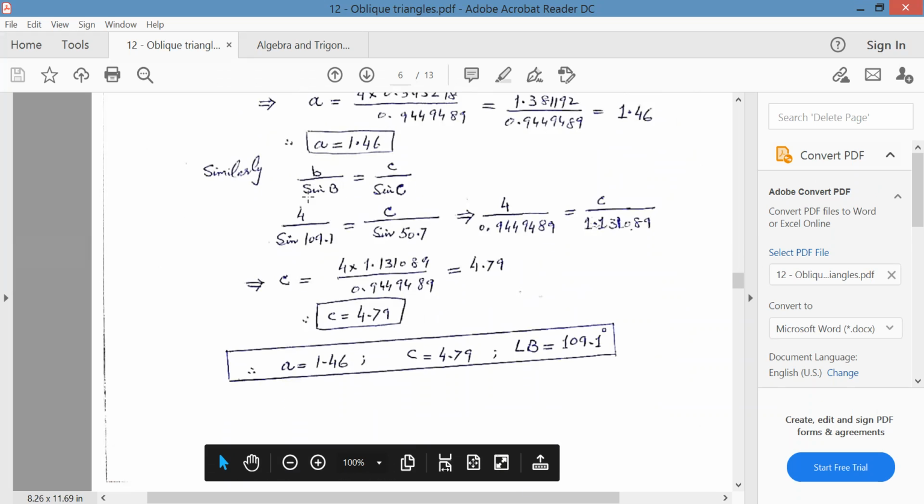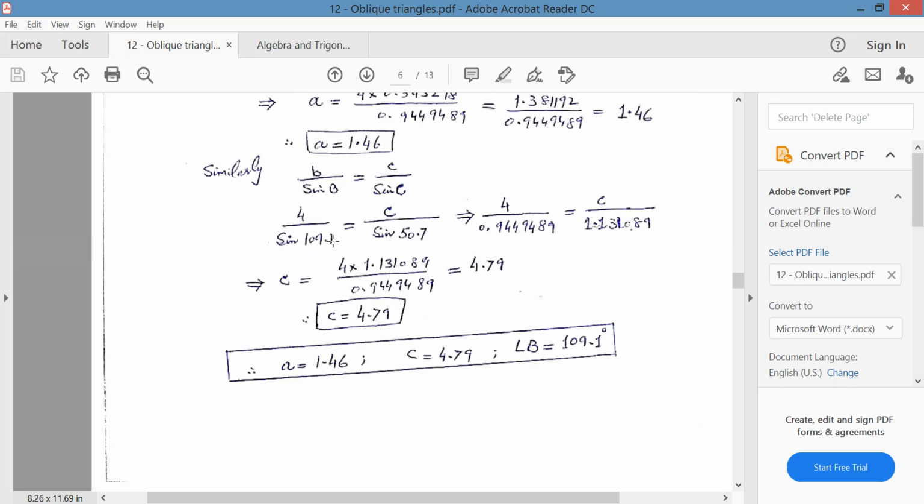B is, for sine of B, 109.1. C is to be found, so let it be as it is. Then sine C, sine of 50.7. Insert the values. Sine 109.1 is this much, and sine 50.7 is this much.